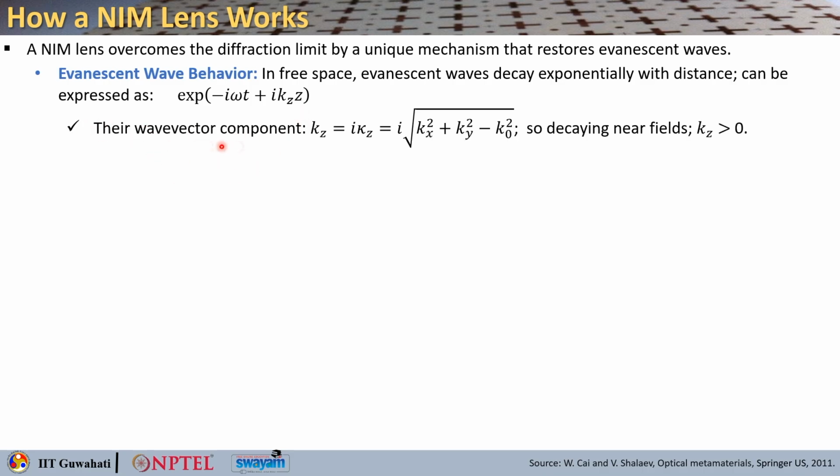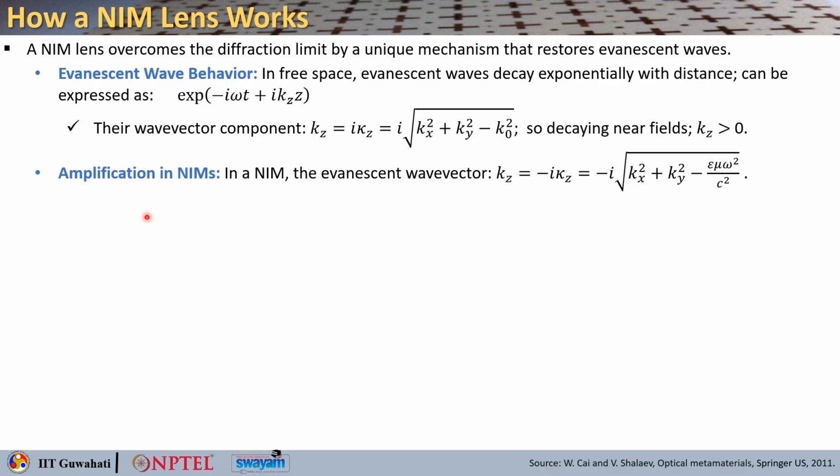The wave vector component is kz, which is i κz, and that comes as i times the square root of kx² + ky² − k0². So they are decaying near fields, and you can see that this particular term is imaginary and positive, so the field is decaying, right?